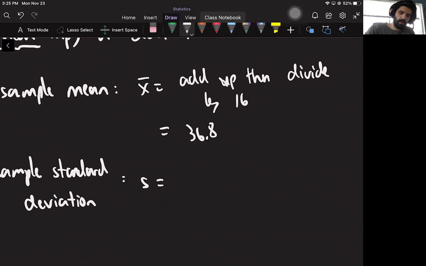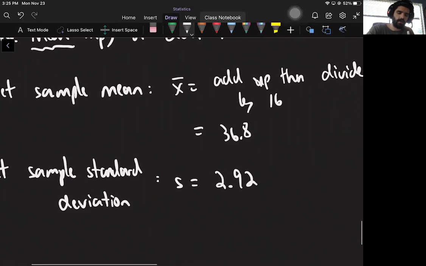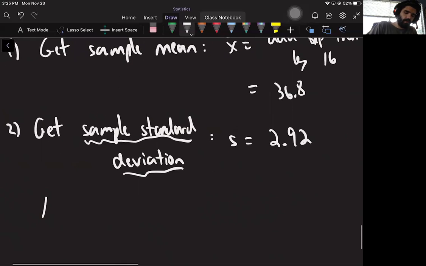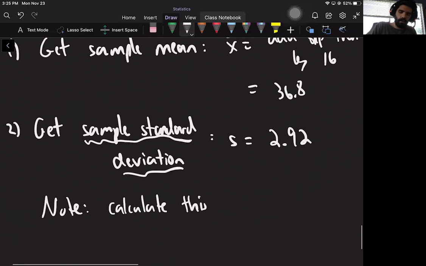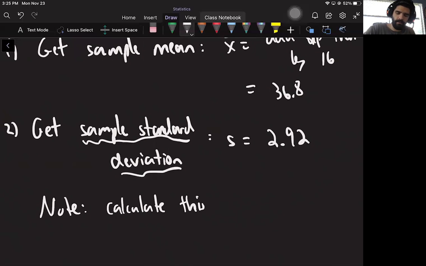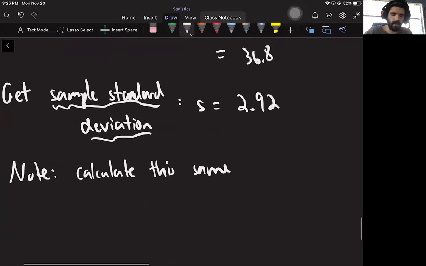If you use a calculator, you need to Google sample standard deviation calculator, and you'll end up with 2.92. The process is the same as you used to do, except you divide by n minus 1 instead of n.